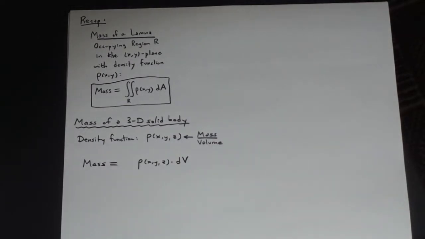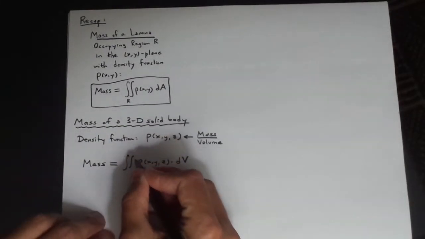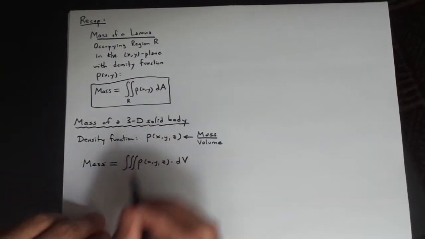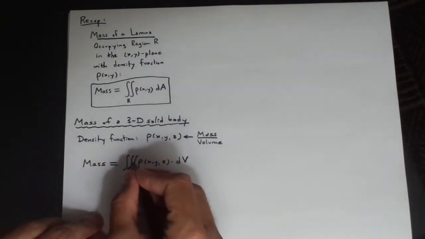But then we're going to have to add up the contributions to that mass throughout the entire solid body. That's going to involve an integral, but this is a new kind of integral this time. This is going to be a triple integral. So what I'm doing here with this example is motivating the next section, which is going to be triple integration.